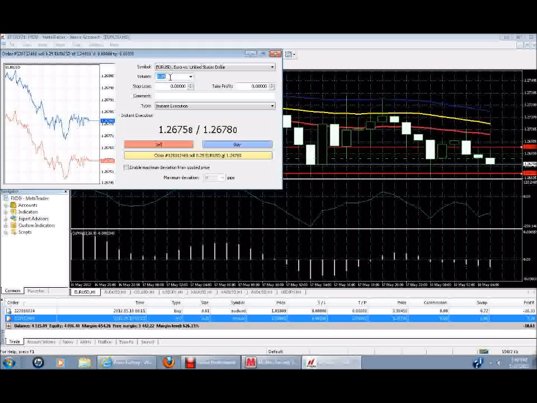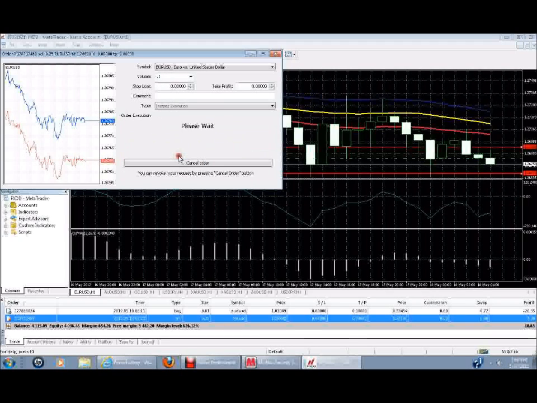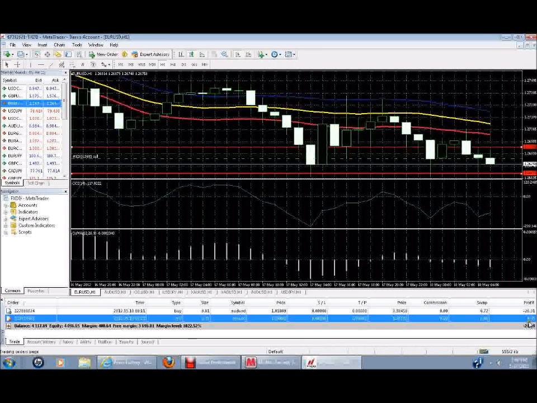We want to stay in the trade. Let's take 0.1. Still in the position, took some profit off the table.